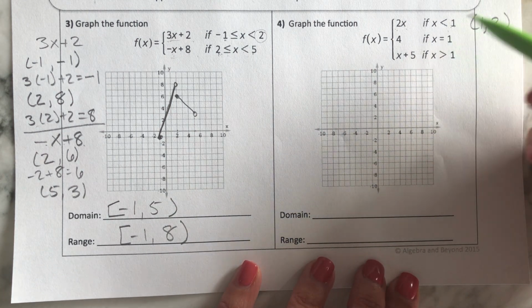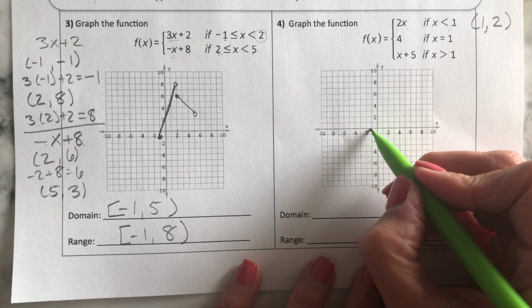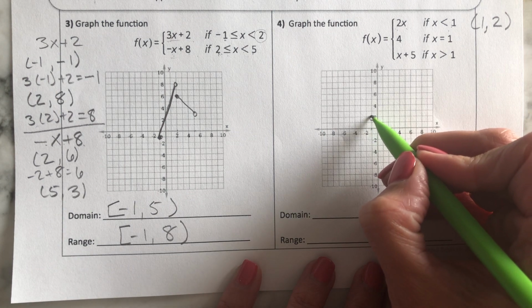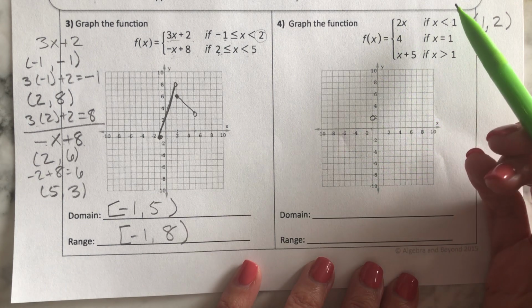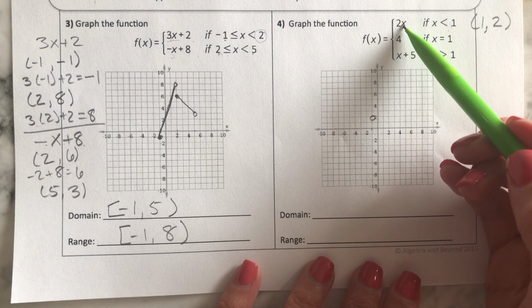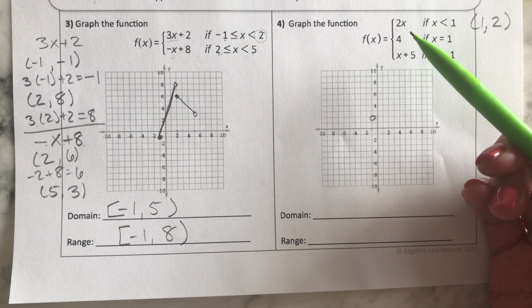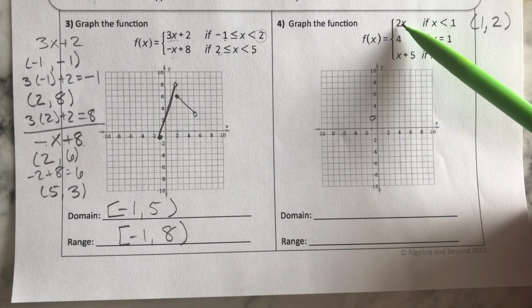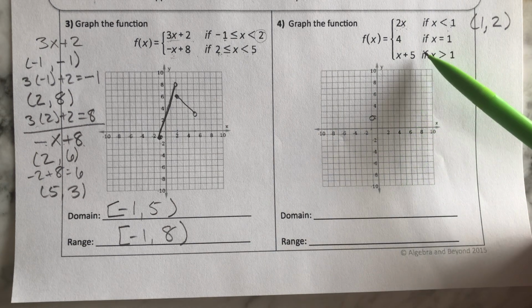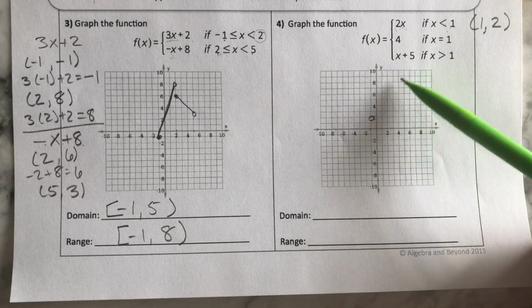So 1, 2, and it's going to be open. 2x is going to make a line. That's a linear function, it falls in y equals mx plus b. It's a positive slope, so it's going to go this way.